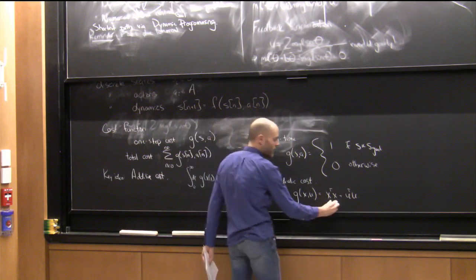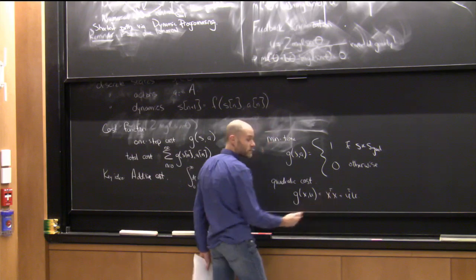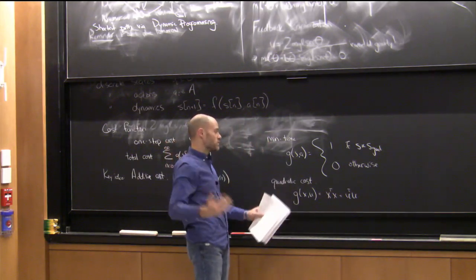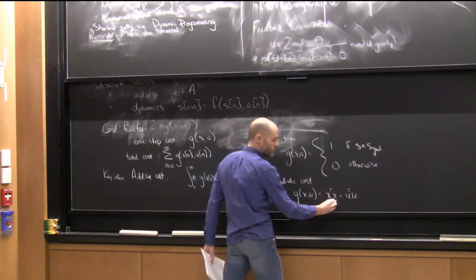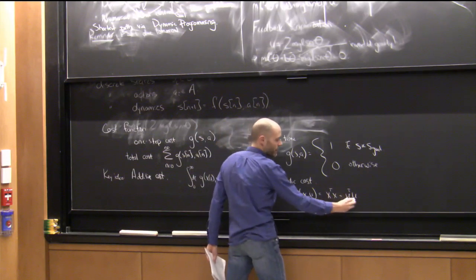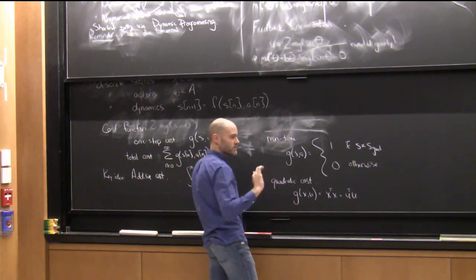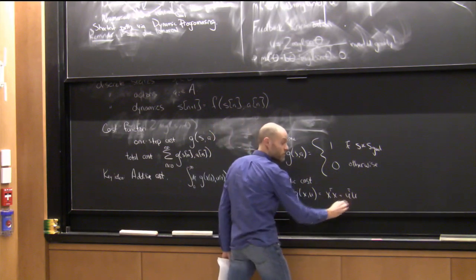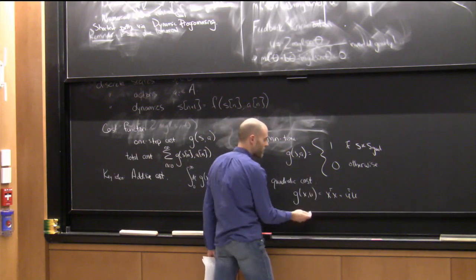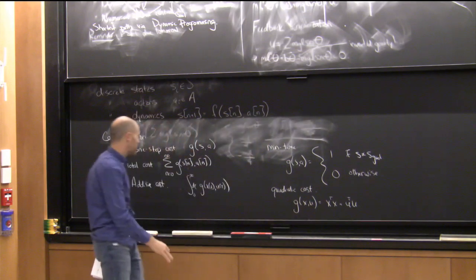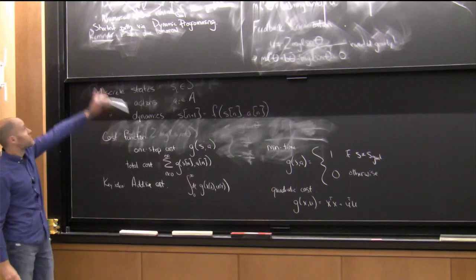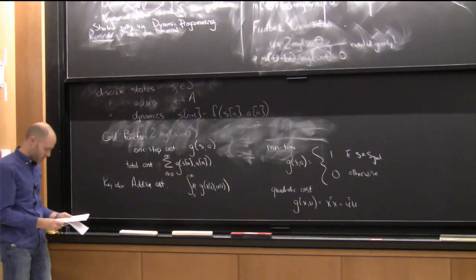This would be, I want to score myself based on how far I am from the goal. I'll put rings of cost. I'll penalize myself for being away from the goal. This goes to 0 at the goal. And I'll penalize myself for using big control forces, which would tend to drive my control forces down. This is just another common example that we'll use a lot. So it's pretty expressive to have these additive costs, and it fits right into the graph search picture.